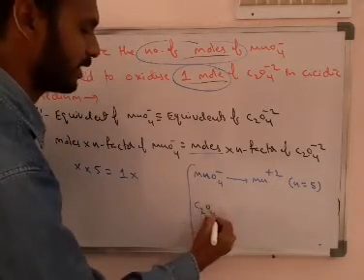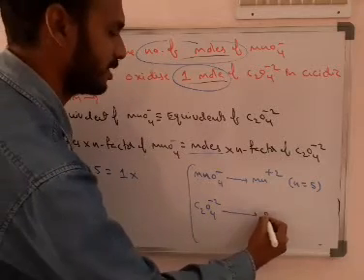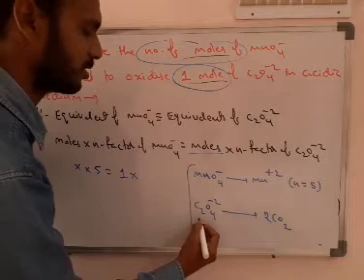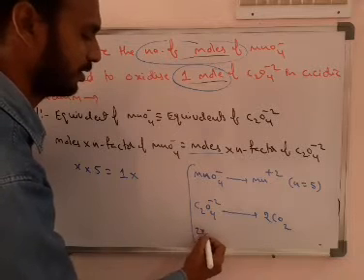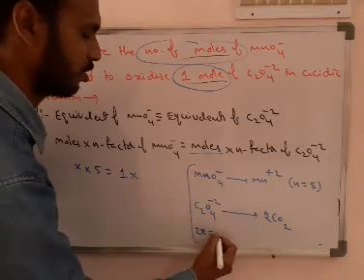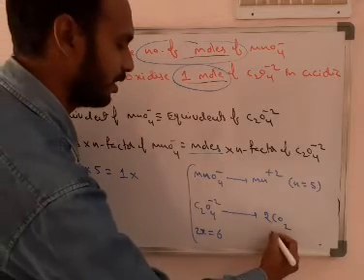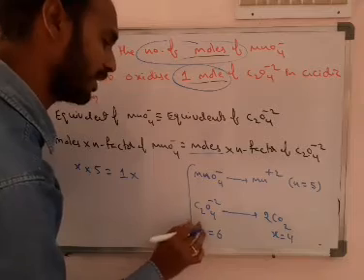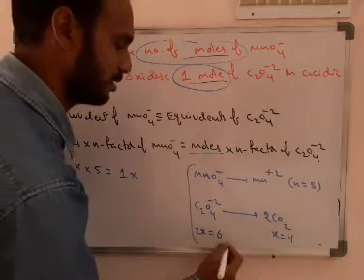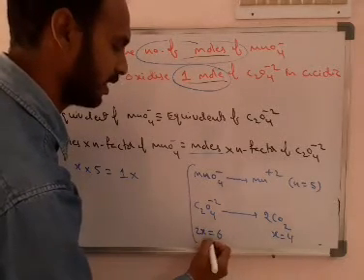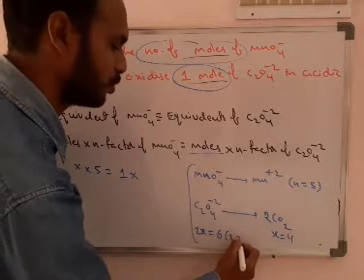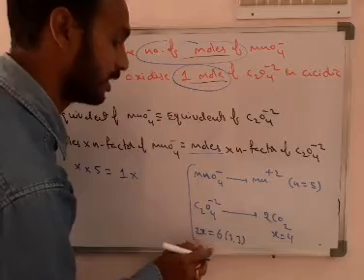What happens to oxalate? The C2O4 minus 2 changes to CO2. What is the change in the oxidation number? Here 2x equals 6, so x equals 3. In CO2, x equals 4. We have to compare the 2 carbons. If you write x equal to 3 comma 3, the 2 carbons have oxidation number 3 comma 3.